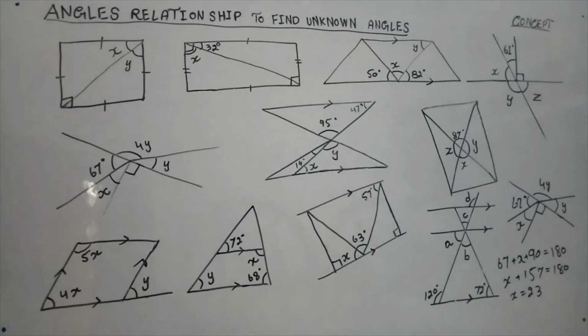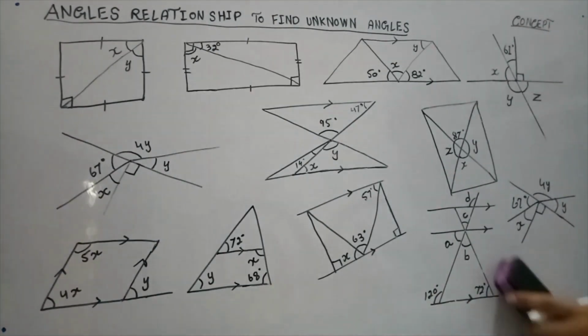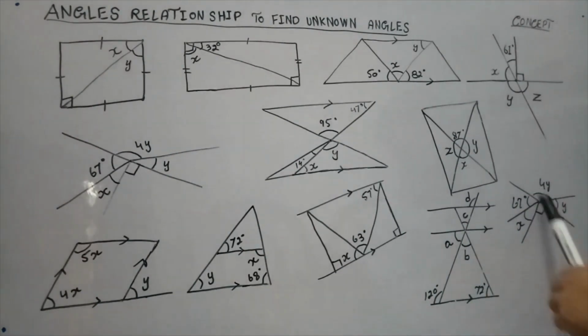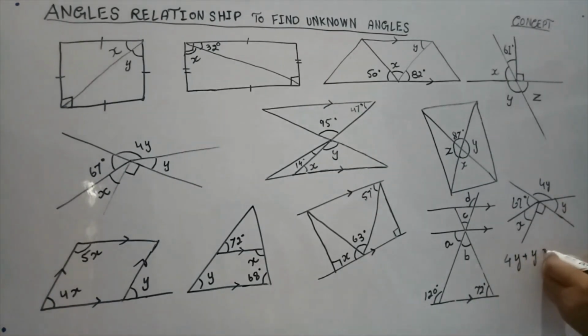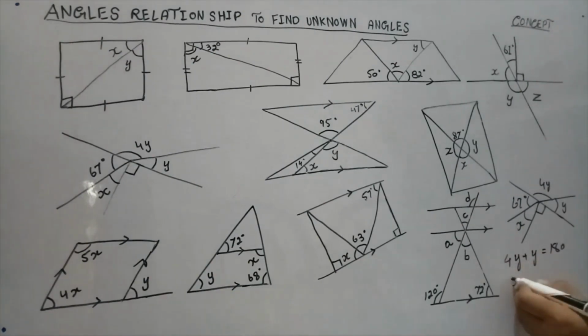Clear? Now if we apply the same rule and if we find the value of Y, this is a straight line, it means that this angle and this angle, if we take the sum of these two angles, it will answer 180 degrees. 4Y plus Y will be equal to 180 degrees. Now if I add 4y and y, it will be equal to 5y and 180 degrees.